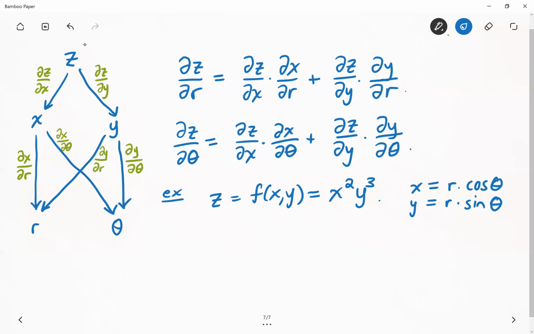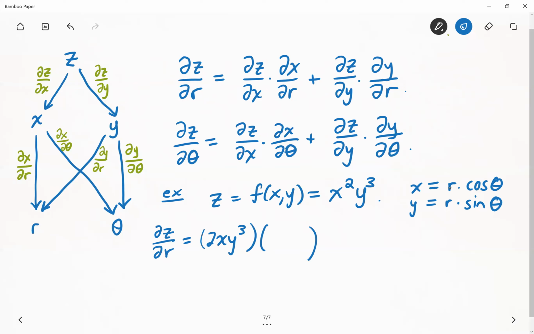So what we could do is, the chain rule for dz dr is equal to, first dz dx, and so x is your derivative, it'll be 2x y cubed times dx dr. And so we're finding the derivative of this expression with respect to r.